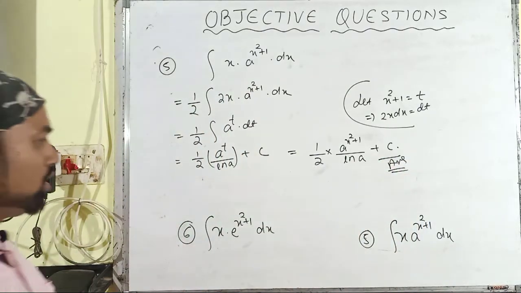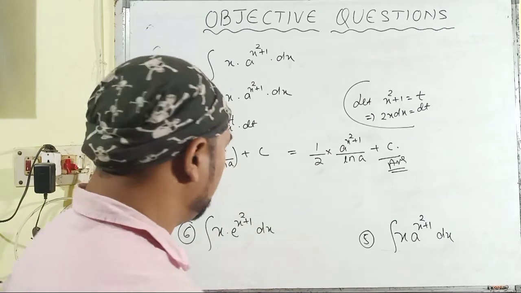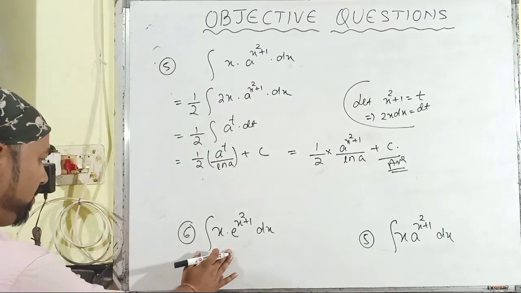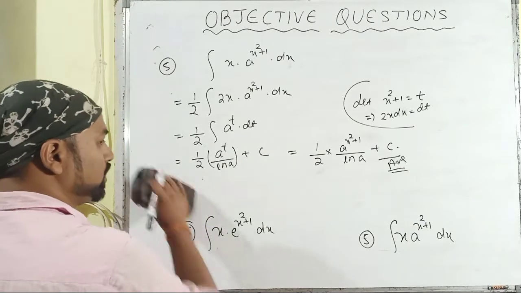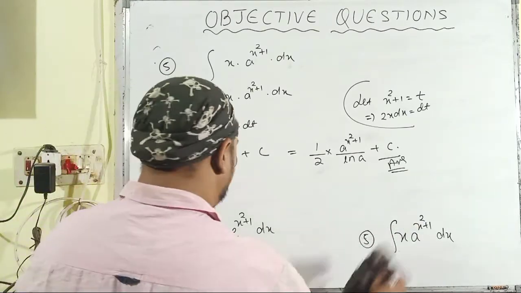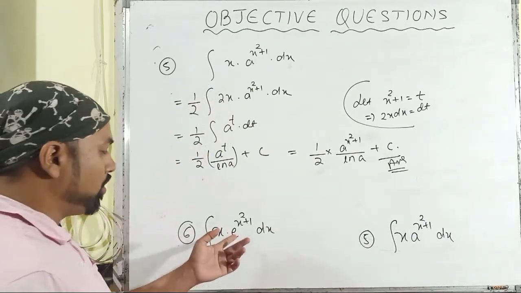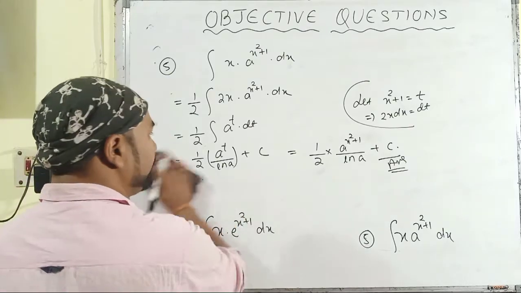Here it is the solution for the 5th bit. Then proceeding towards the 6th bit. Both of them are very much similar, just differing by the a to the power t, and this will be in the form of e to the power t.